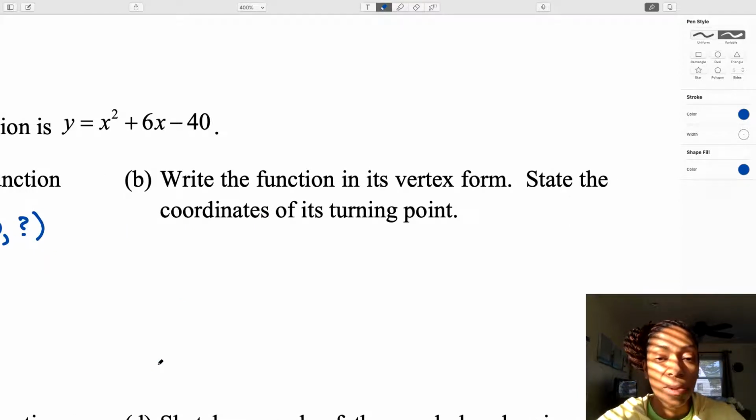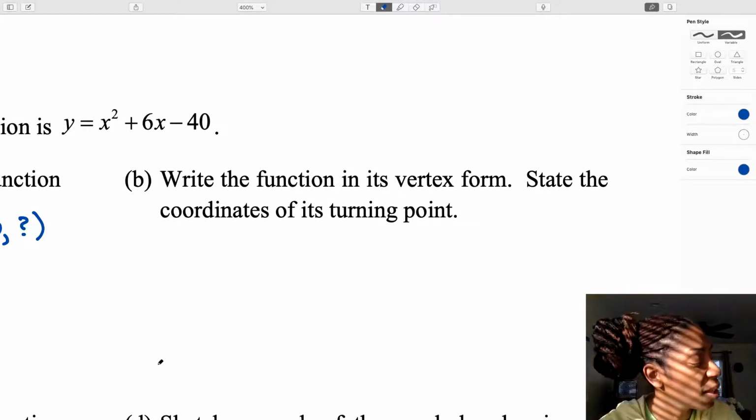Part B, write the function in its vertex form. State the coordinates of its turning point. So you can either use the formula for the axis of symmetry and then substitute that in to get the y that goes with it, or you can rewrite the equation in vertex form by completing the square. I would like to complete the square.